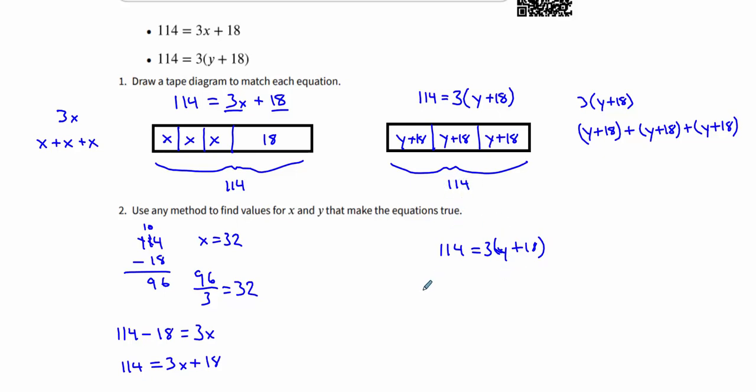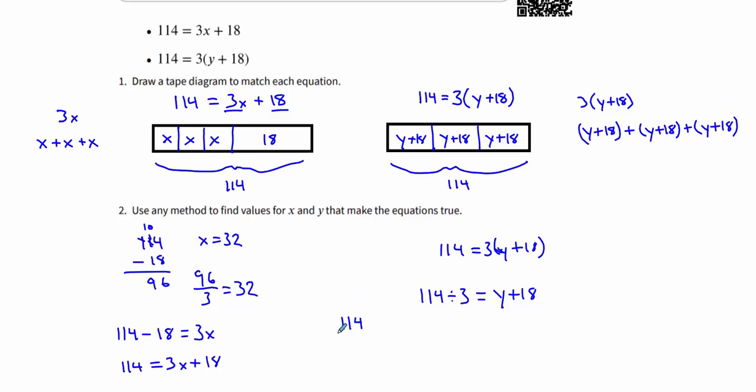If I take this 114 and divide it by 3 equal parts, that is going to give me y plus 18, right? Well, what's 114 divided by 3?